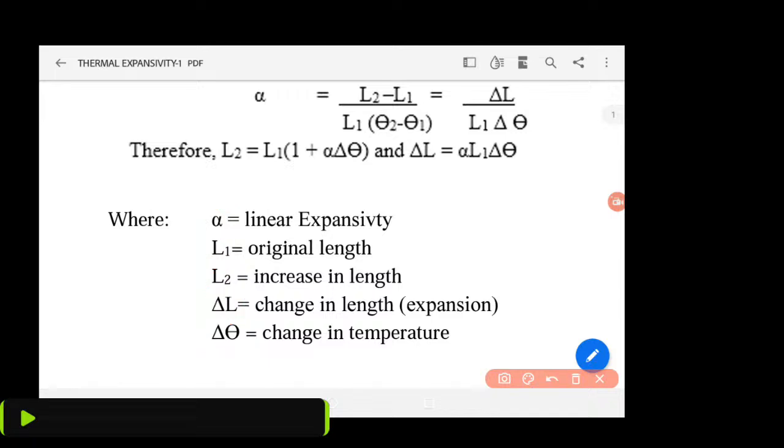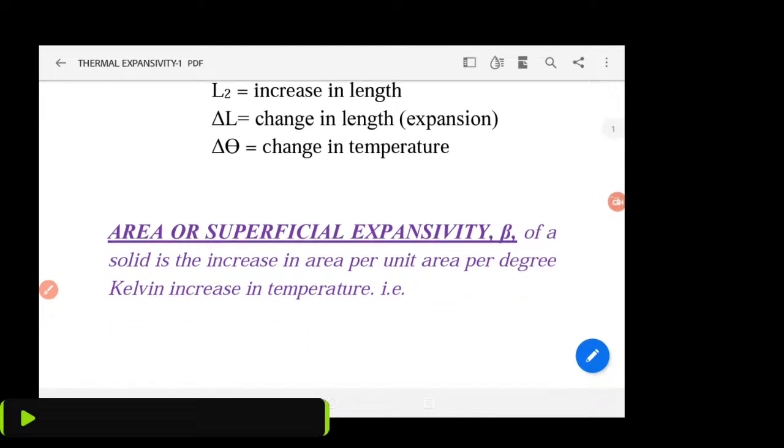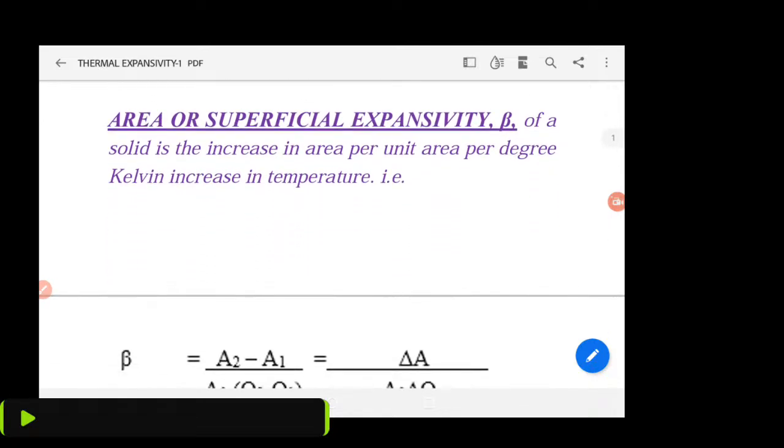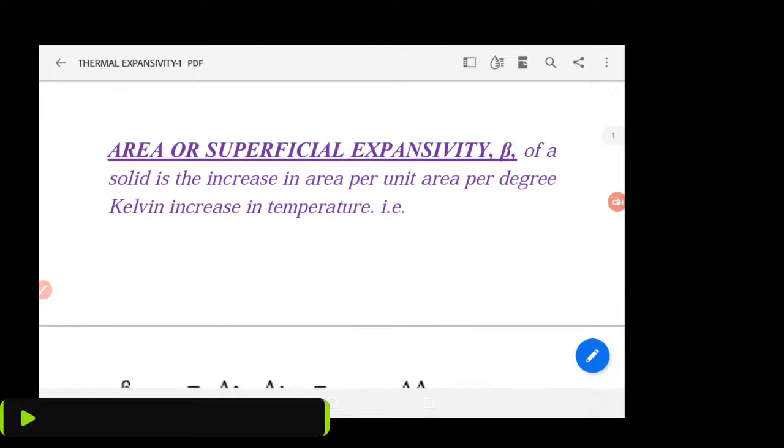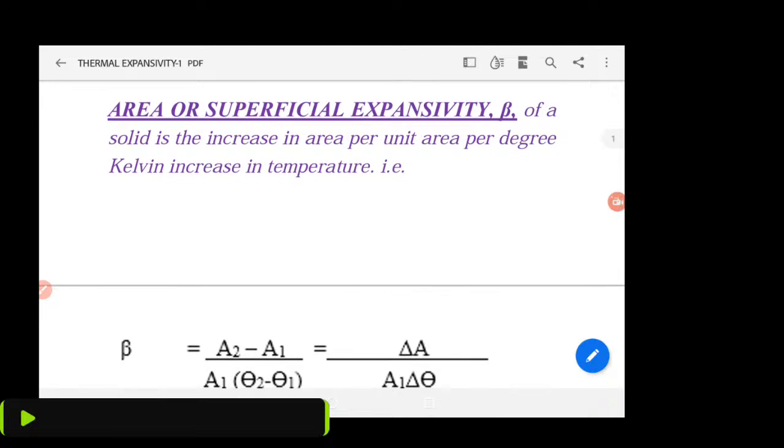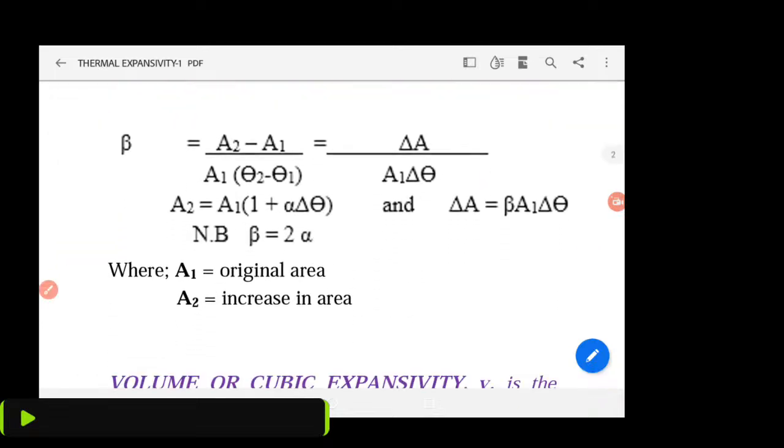Also, we have something similar when a body expands in 2 dimensions. We call it area expansivity, or you can as well call it superficial expansivity. The symbol for this is beta. You can see the symbol there, and the formula is also very similar to the linear expansivity formula.